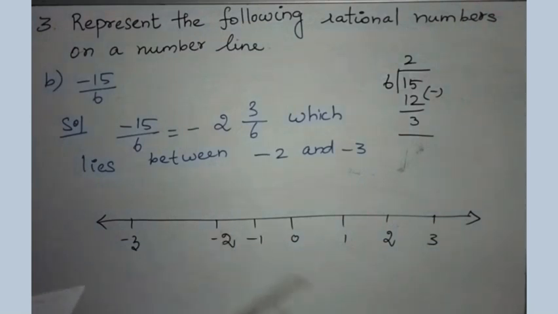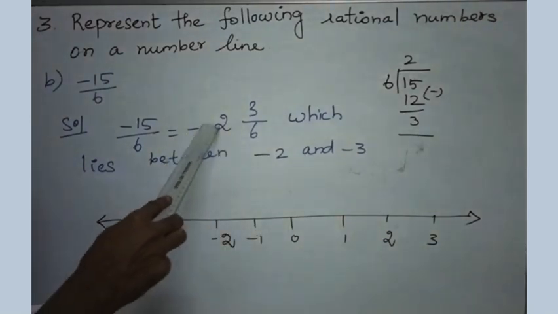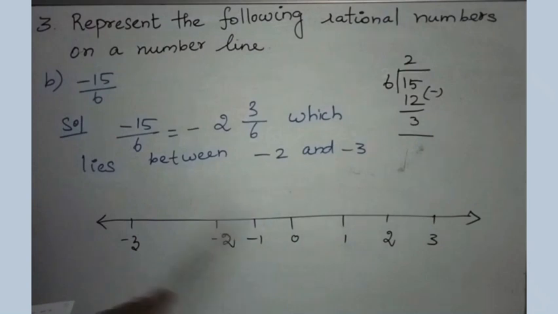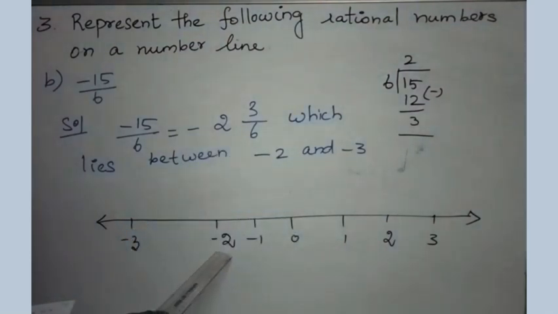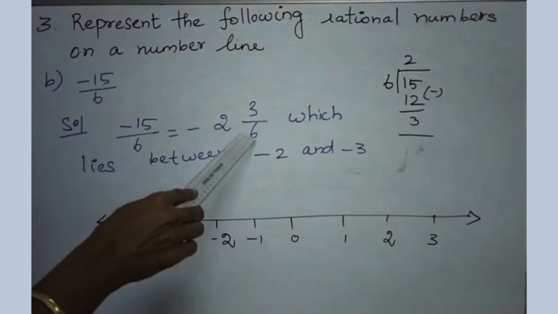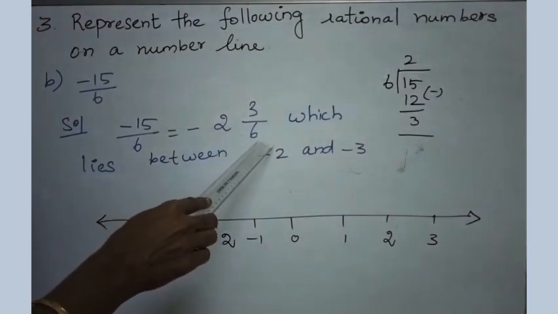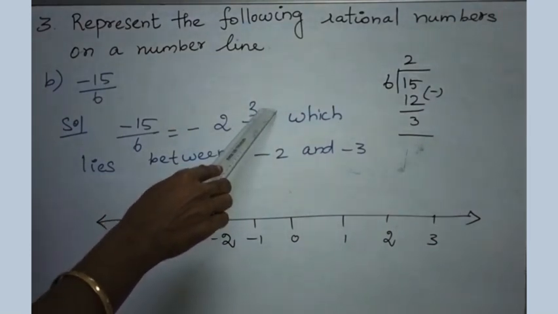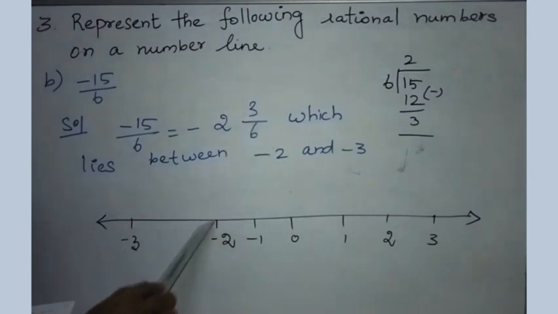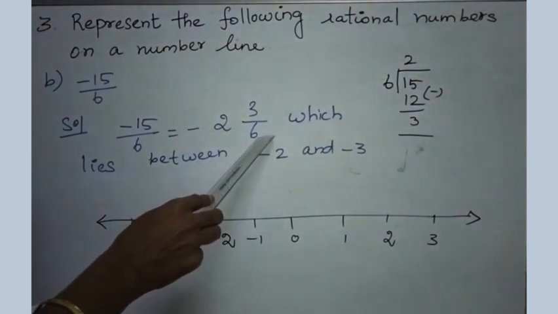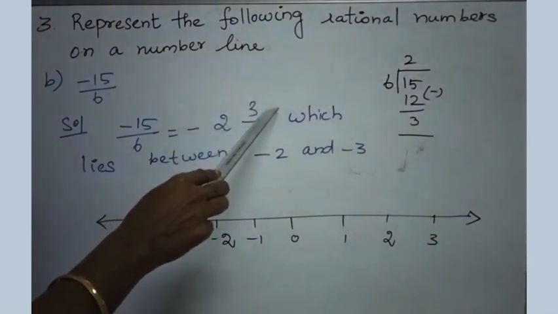So -2 3/6 is on the left side of 0, lying between -2 and -3. Totally we have to divide the interval into 6 equal parts. Among the 6 we have to shade the part at place value 3.